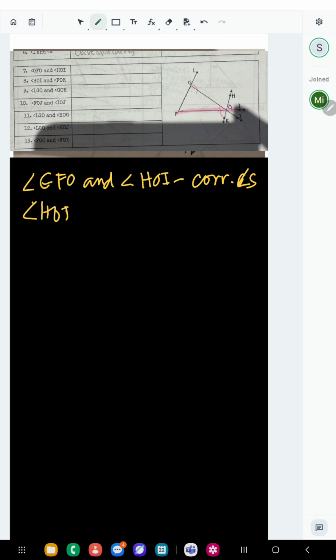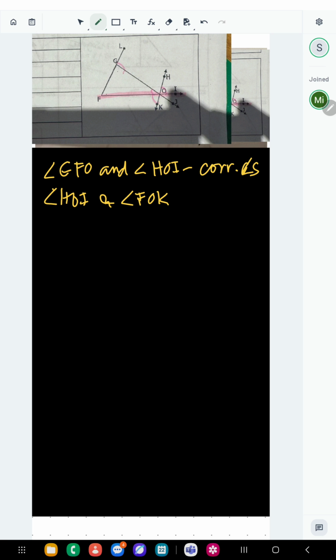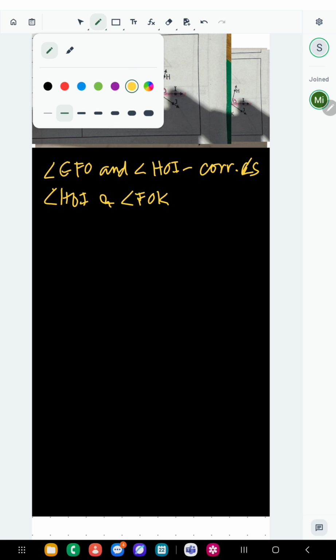Angle HOI and angle FOK. That's strange, the labeling there, right? Okay, FOK is this one. Let me zoom in.